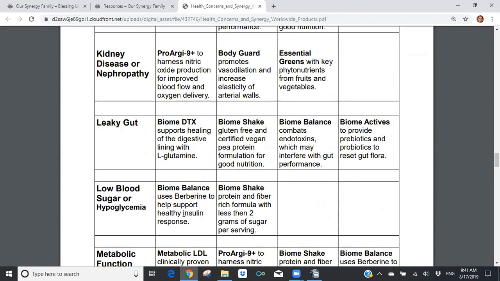And then the Biome Shake, if they don't have other issues going on with regards to digestive health, like we talked about with irritable bowel syndrome, I would use the Biome Shake because that protein, which is a pea protein, certified vegan, vegetable protein, plus the fiber and the low amount of sugar, again, that helps to stabilize blood sugar levels coming into the bloodstream.